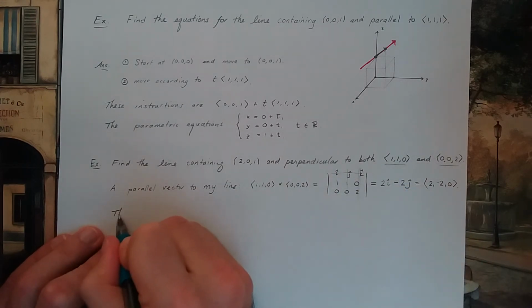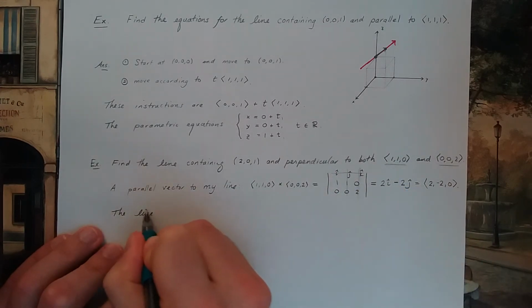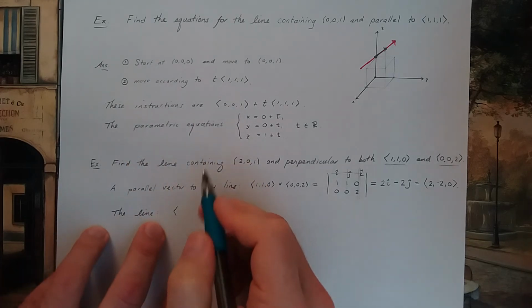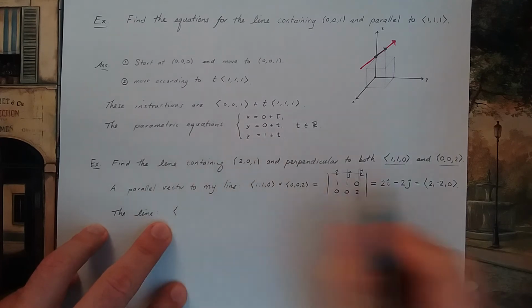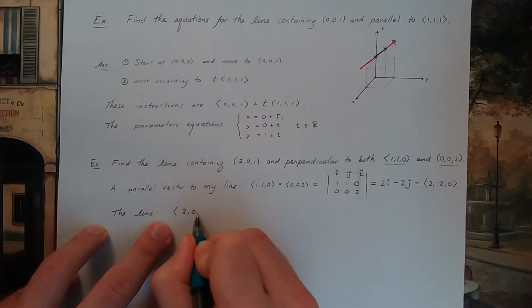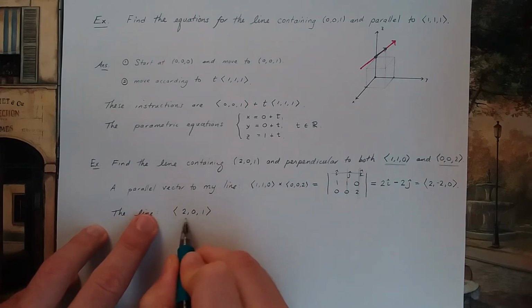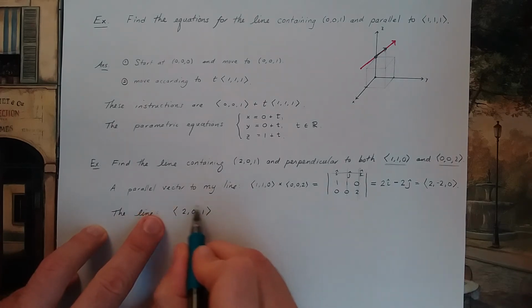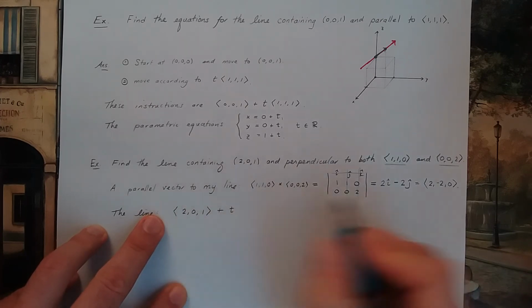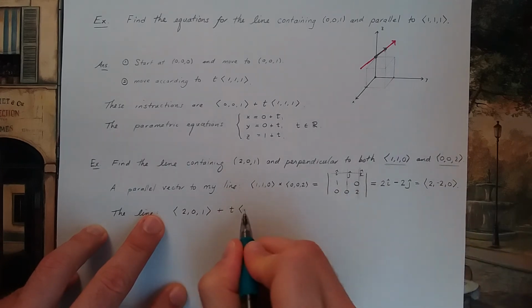So the line, following the same idea we had up here, has parametric equations given by this vector, the vector 2, 0, 1. This vector says start at 0, 0, 0 and then move to the point on your line, 2, 0, 1. And then after you're on some point in the line, travel parallel to the line, some distance t.